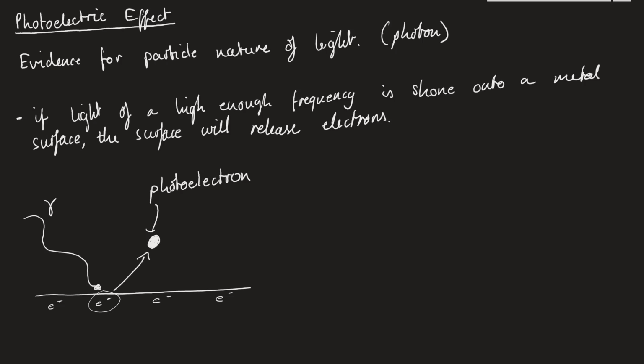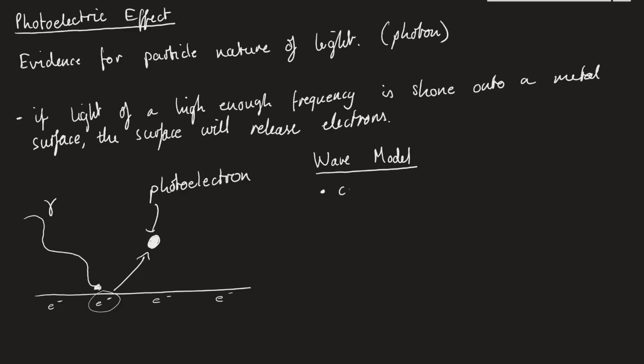This seems pretty simple, but when we change a few things and look at more in-depth details of the photoelectric effect, it becomes clearer that this is a very weird phenomenon. Let's assume we use the wave model to predict what's going to happen. The wave model predicts that the light source is providing continuous energy.